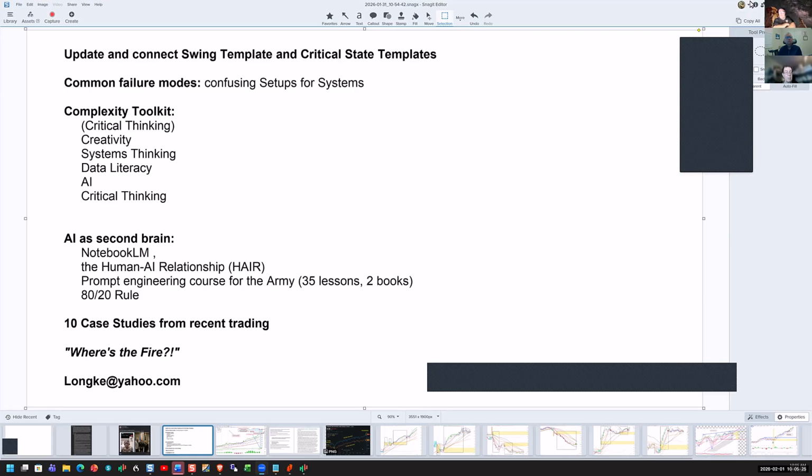And then I spent a few minutes talking about the difference between a setup, which is an entry or a filter, and a full system. I spent some time on the complexity toolkit and why this is a systematic combination tool that I teach Army officers how to handle decision making at times of maximum volatility, uncertainty, complexity, and ambiguity.